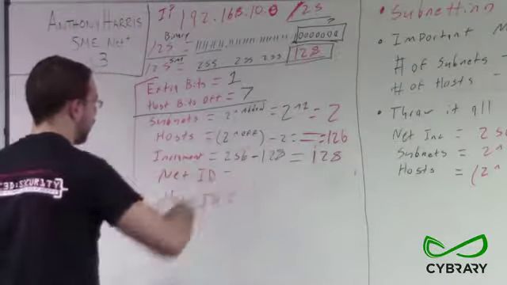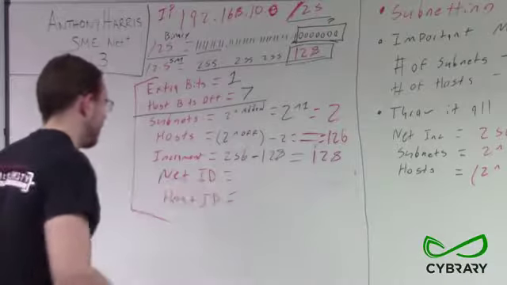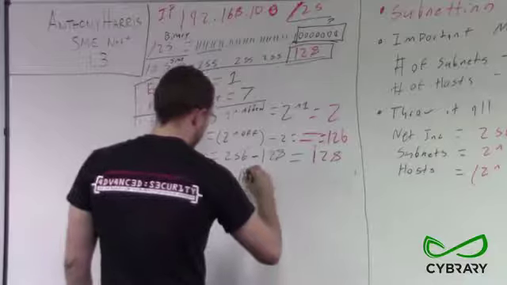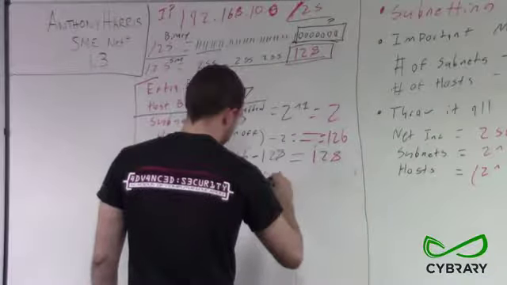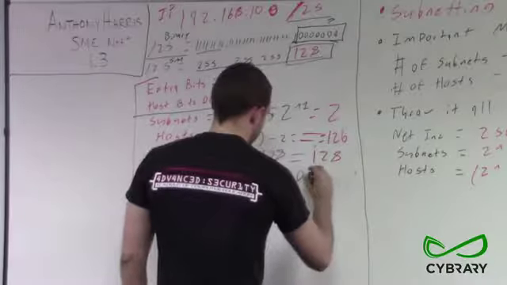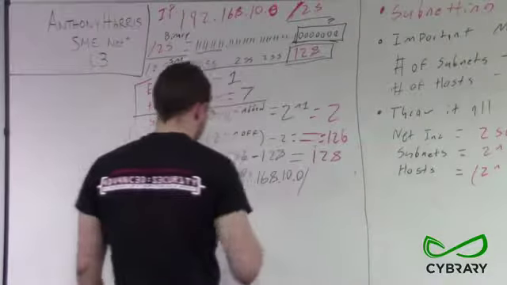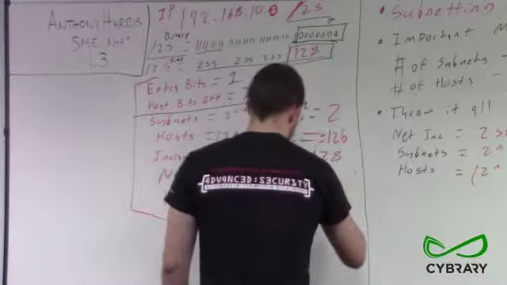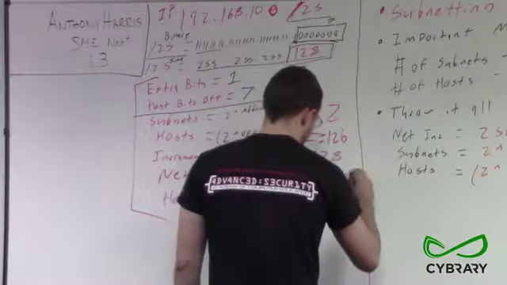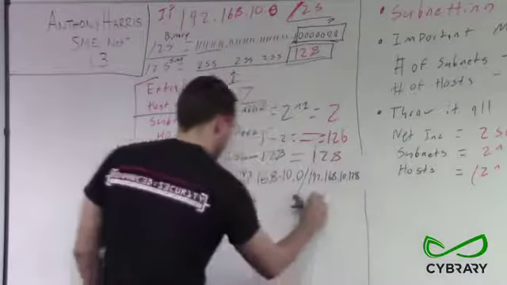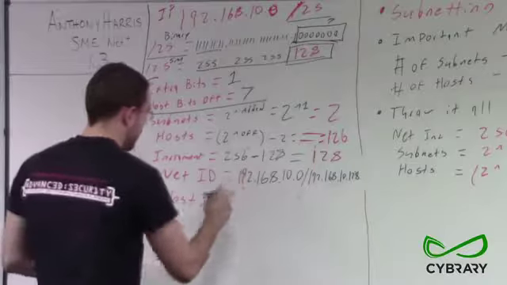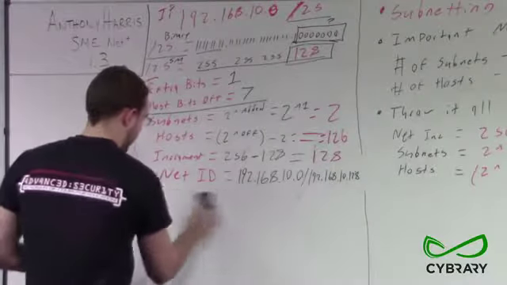So we have 2 subnets. We have 126 hosts per subnet, our increments, and our network IDs for this segment will be at 192.168.10.0, and we'll also have another starting at 192.168.10.128. Then we'll put in our broadcasts here.